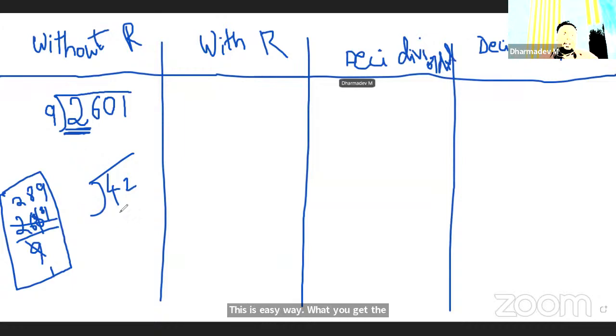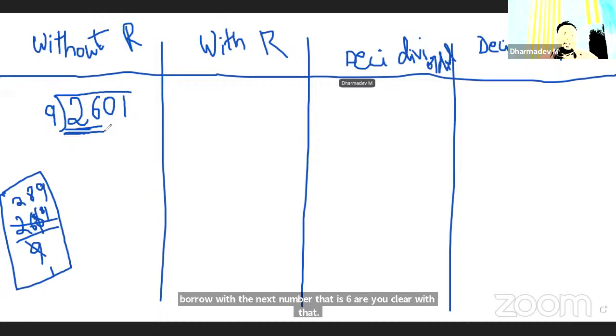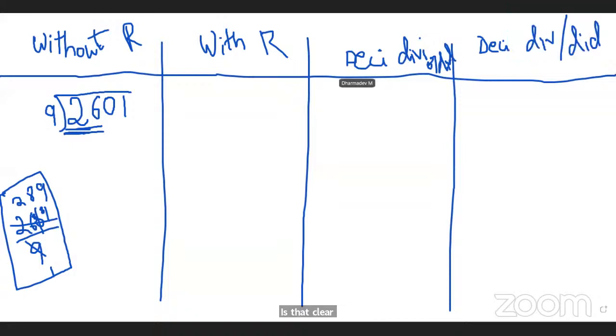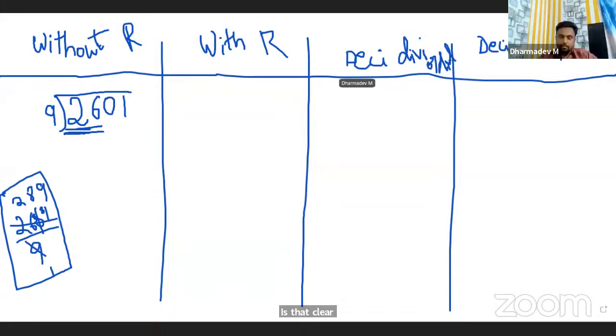But now the number I've given you, the first digit could not be solved because it is smaller than the 9 times table. So I borrow the next number, that is 6. Are you clear with that? So if I take 26, 9 times what is closer to 26?